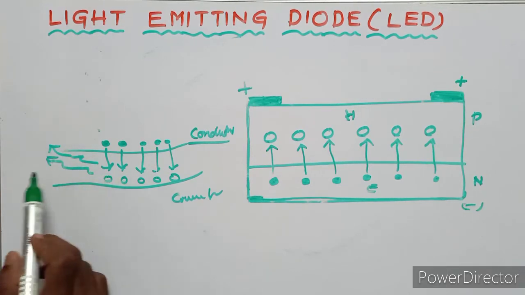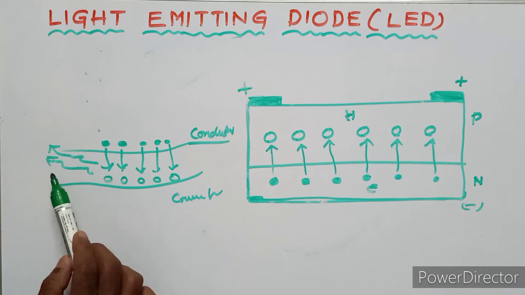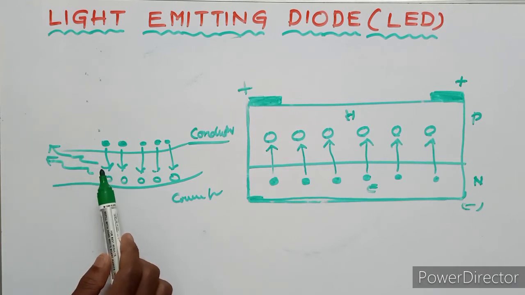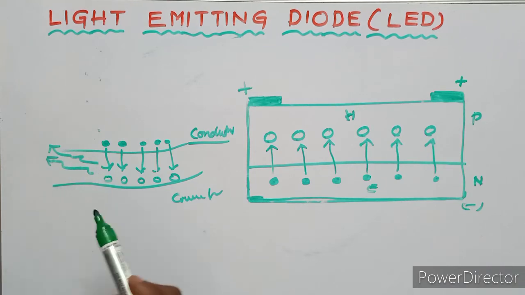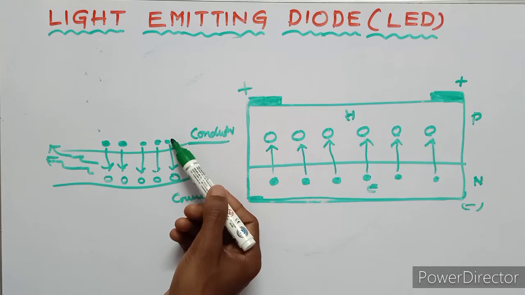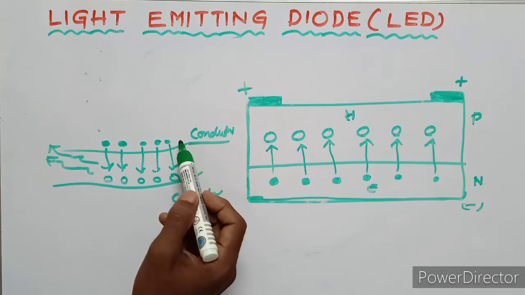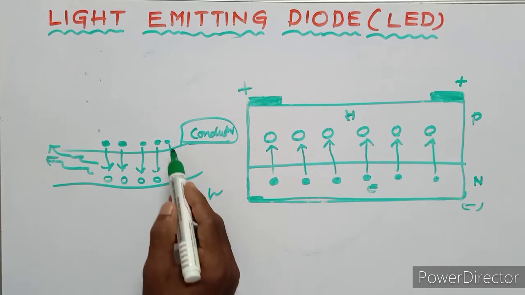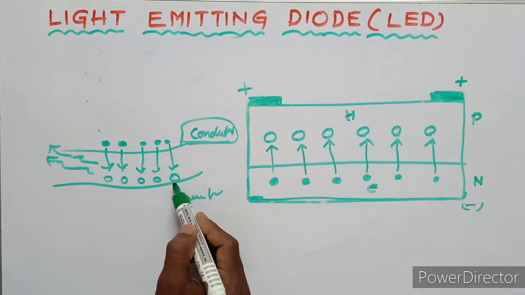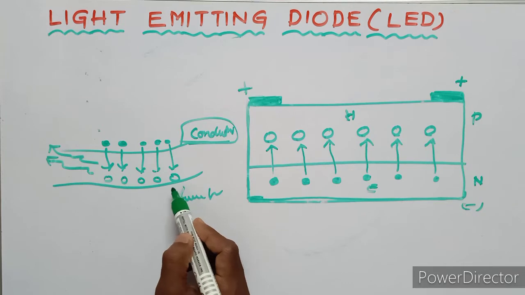That means light is produced. In everyday words the light is produced; in scientific words the light is emitted, that means photons are emitted.